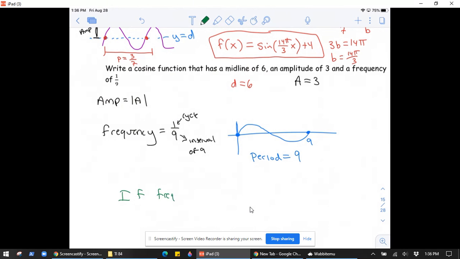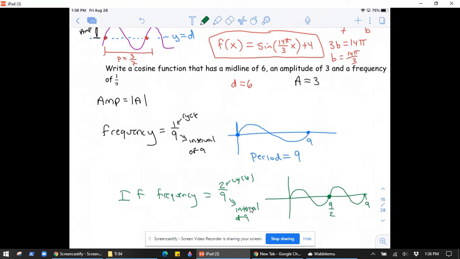Just to point out, let's say the frequency was 2/9. That would mean it does 2 cycles every time you go an interval of 9. We would have drawn this: 1 cycle, 2 cycles, that's 9. It did 2 cycles, so the period is here, right? The period is the length of one cycle.